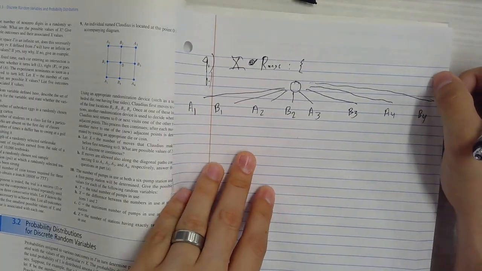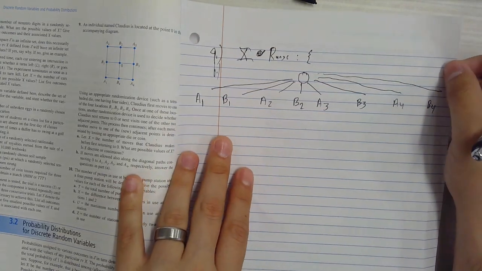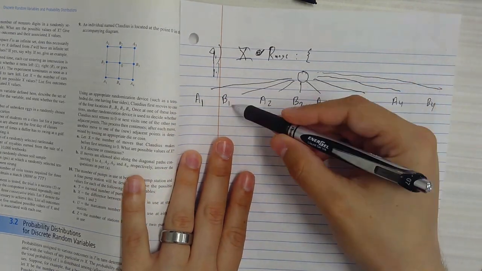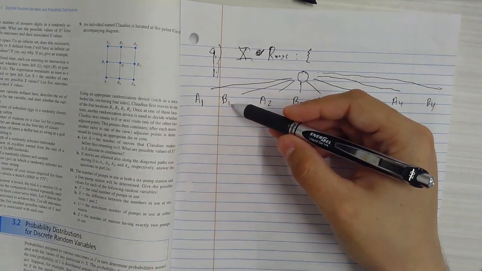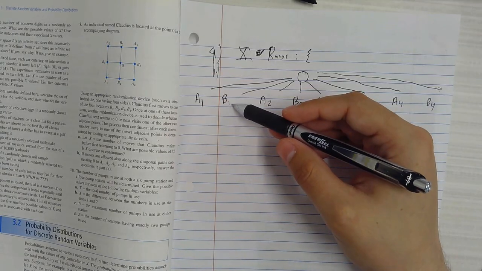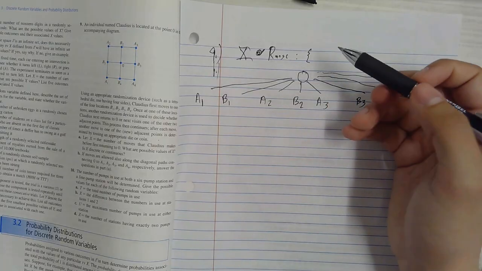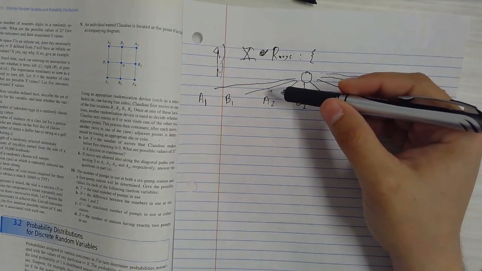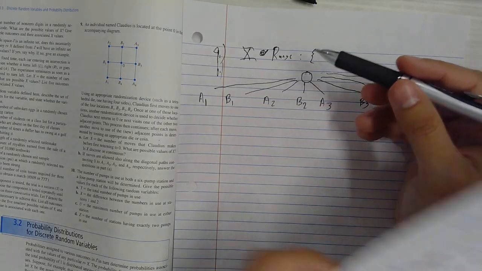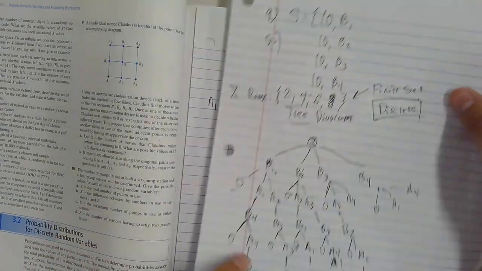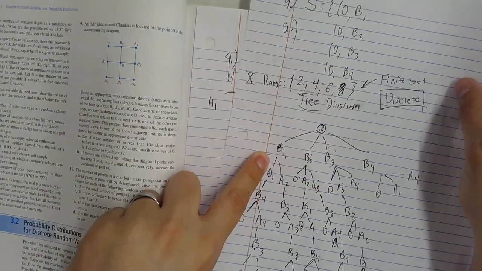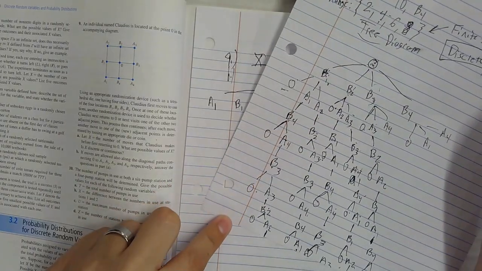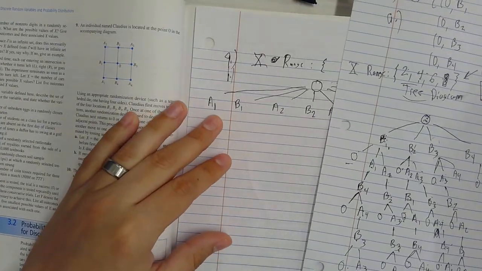So, if we go from 0 to B1, then the options are going to be the same as before, right? As if we have 0 to B1, and then we have all this, so it's going to repeat.